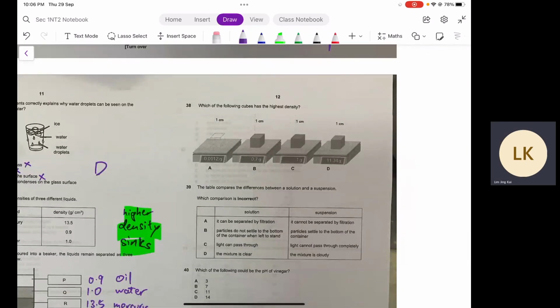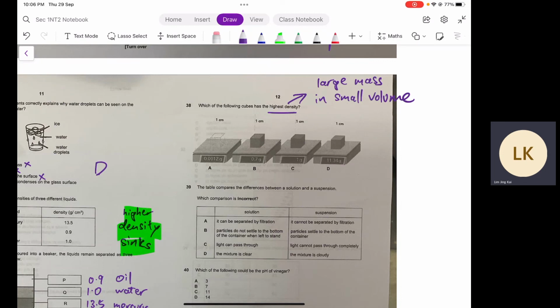Okay, 38. Which one has the highest density? Okay, when you look for highest density, we are looking for large mass in small volume. Okay, so remember our plasticine experiment, where I put a ball of plasticine in water and I use the same plasticine, I go and flatten it out to make it into a small boat.